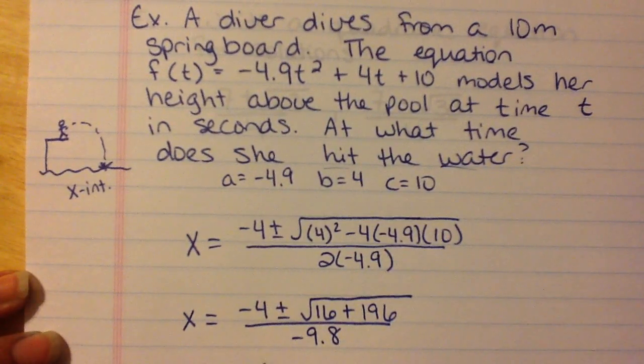Simplifying more, that is going to be 212 divided by negative 9.8. So we split them up: negative 4 plus the square root of 212 divided by negative 9.8, and negative 4 minus the square root of 212 divided by negative 9.8.